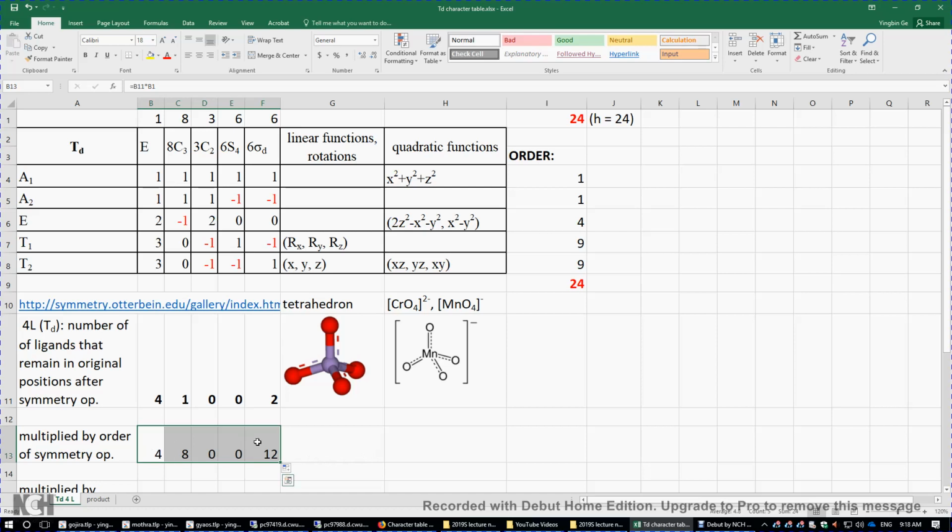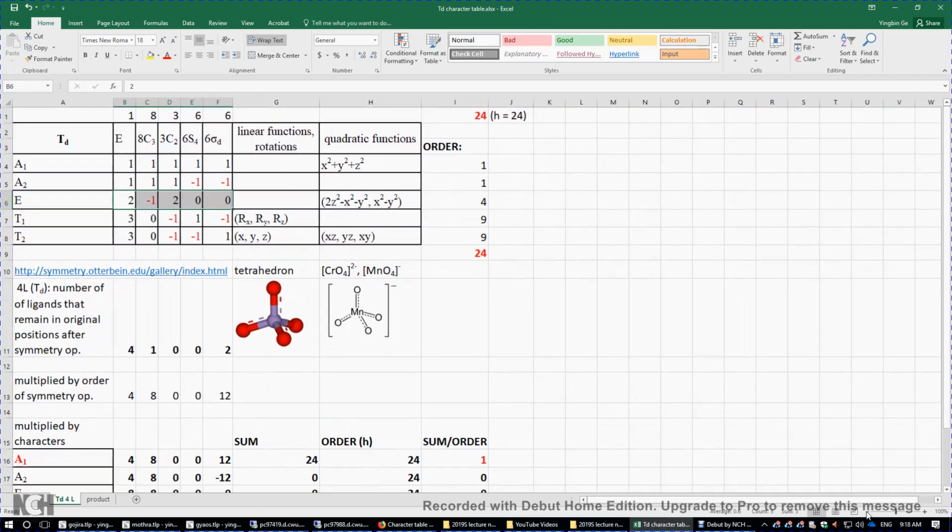We then use these 5 numbers multiplied by each of the 5 rows. So we have 5 rows, 5 irreducible representations. Each of the 5 rows is multiplied by these 5 numbers. Again, I'm going to give you an example here.